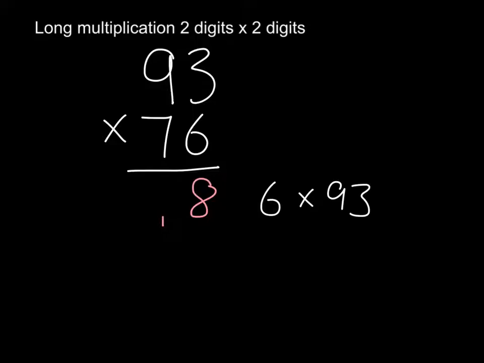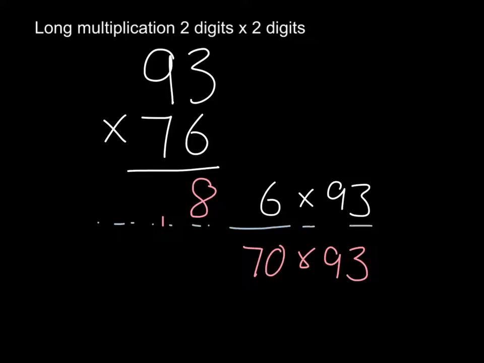So I do 6 times by 93 all the way through, and then I do 7 times by 93. 70 times by 93. So underneath here, I'm going to write 70 times by 93, and I have that bit as a separate part of the calculation there. Okay, and then I'll add them up at the end.